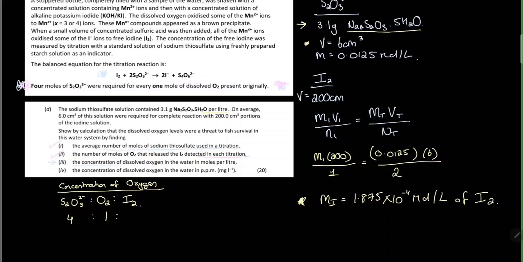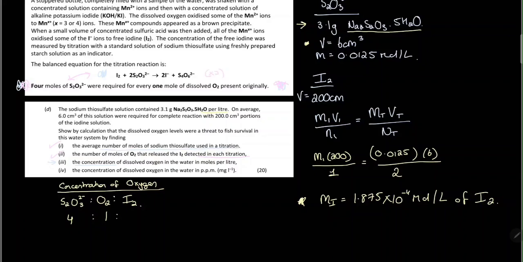So if you look back up here, it says 4 moles of the sodium thiosulfate, whereas in the reaction it just says 2 moles of sodium thiosulfate. So I want these two sentences to link together so I can work out the iodine up here. So 4 moles of sodium thiosulfate.